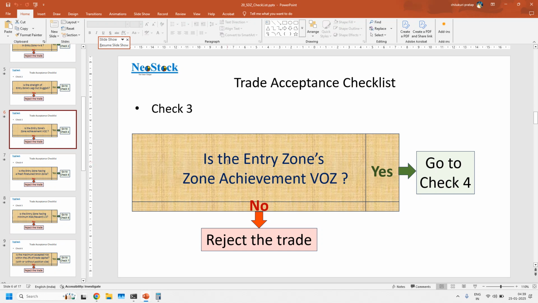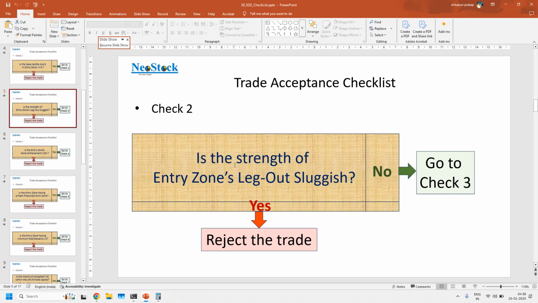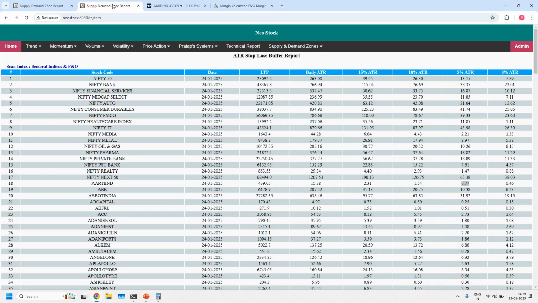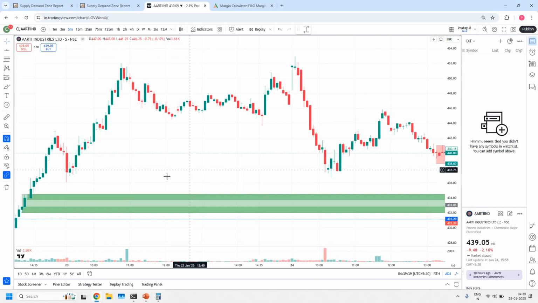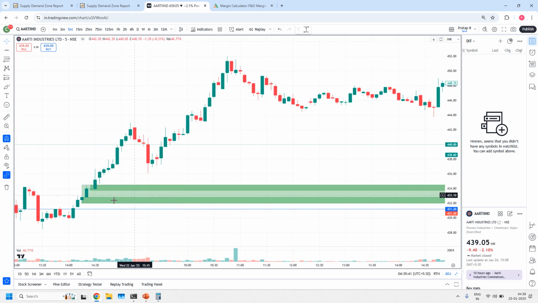Next check, is the zone having a violated opposing zone? Yes, in our software itself we filtered. Is the strength of the entry zone leg-out sluggish? Now look into the zone, look into the chart. Is it sluggish? No. 5-minute zones are not sluggish.